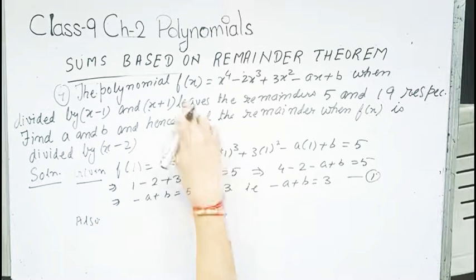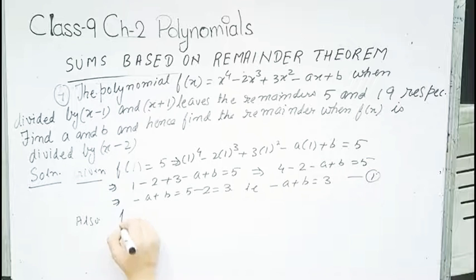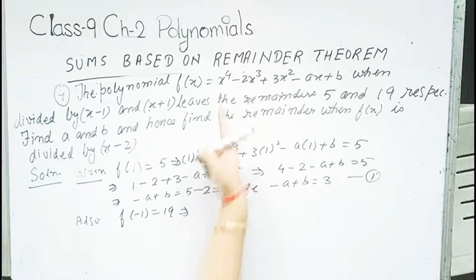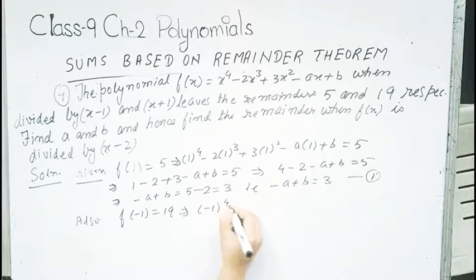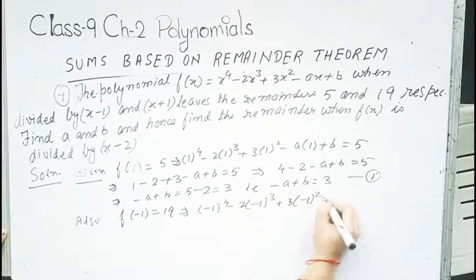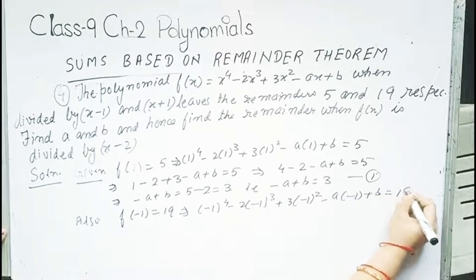Also, f(x) when divided by x plus 1, the remainder is 19. So we will be writing f(minus 1) equals 19. This implies in place of x, let us put minus 1. So minus 1 power 4, minus 2 into minus 1 cube plus 3 into minus 1 square minus a into minus 1 plus b equals 19.